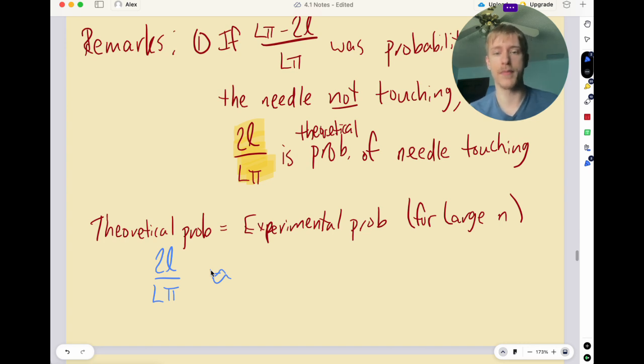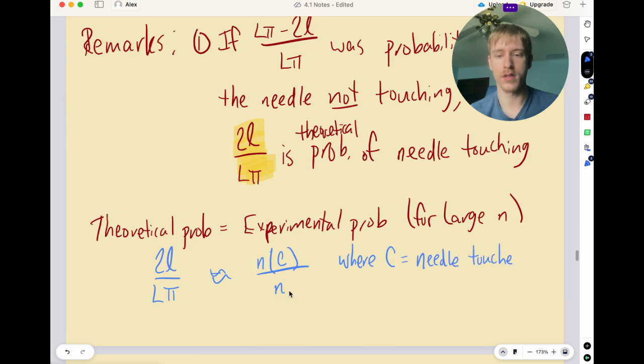But the experimental probability is going to be the number of ways in which the event actually happens when you run the trial. Okay, so I've already used A and B, so maybe C, divided by the total number of trials, where C is the event that the needle touches the lines.